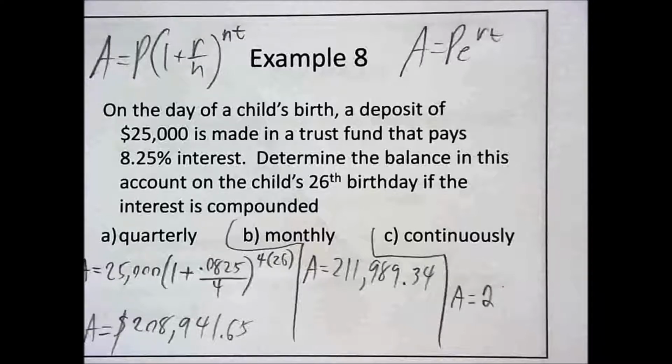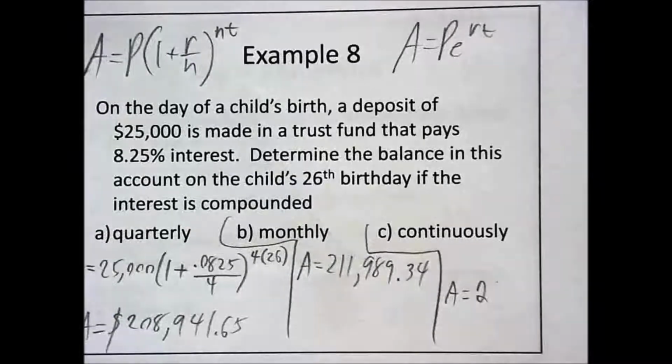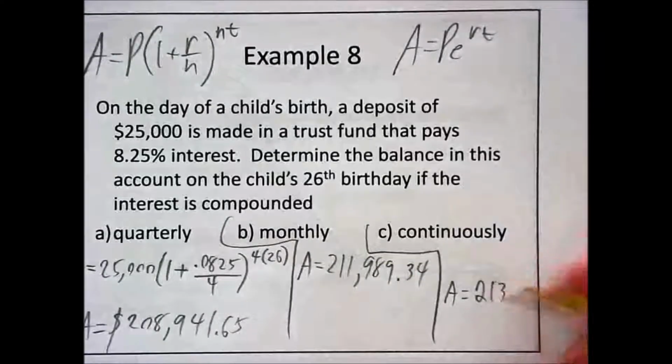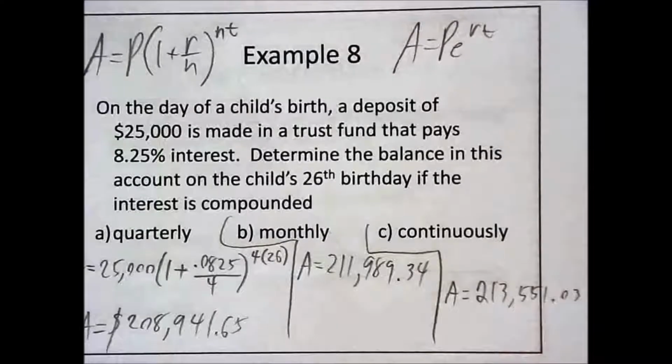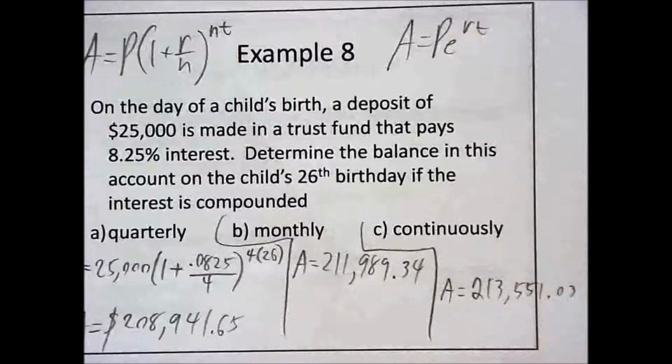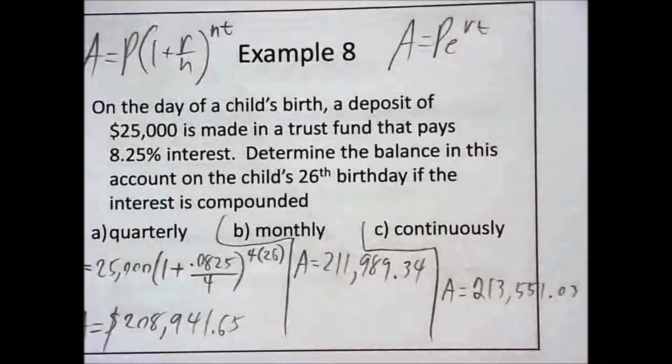Nobody wants to venture a guess? It shouldn't be a whole lot bigger than the last one, but it should be bigger. 213,551. That's not what I got. Let me see your calculator. Anybody else get that? Oh, you can do it all at once. That's what it should be. Okay.